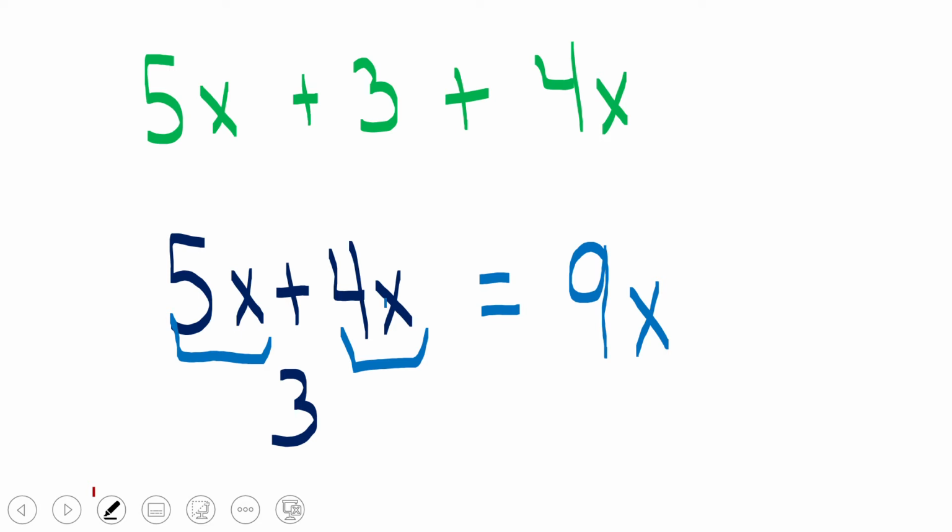3 added to 9x stays constant. We can't just add 9 and 3 here. They are not like terms.